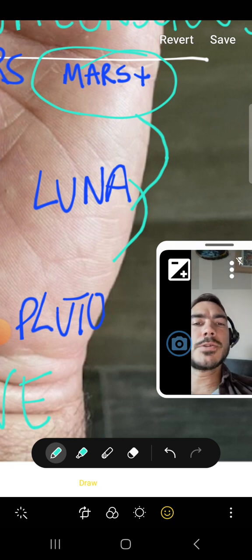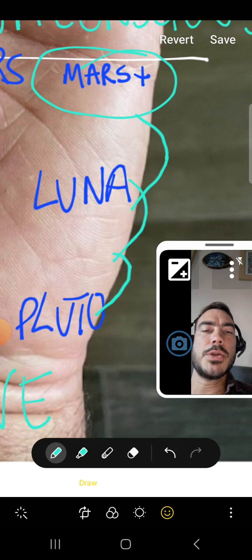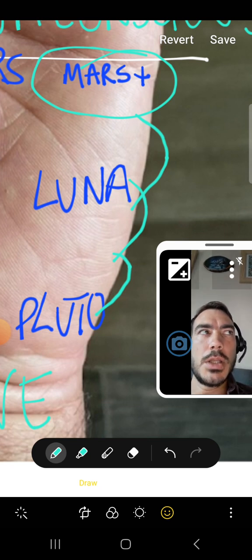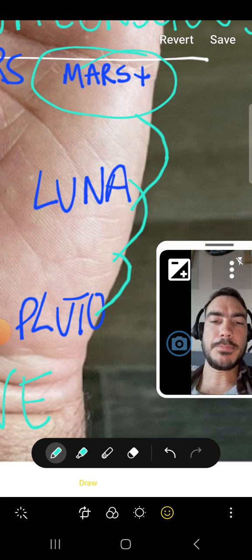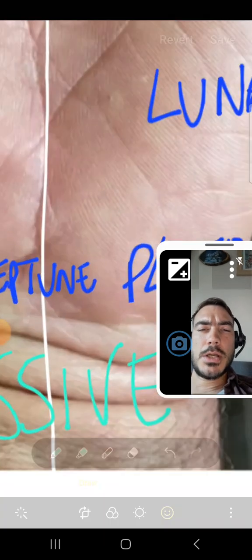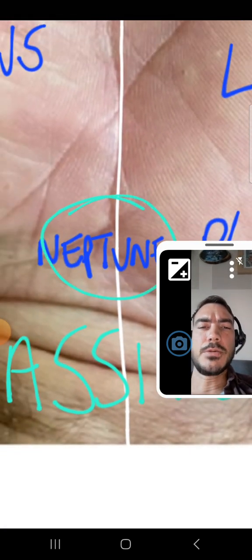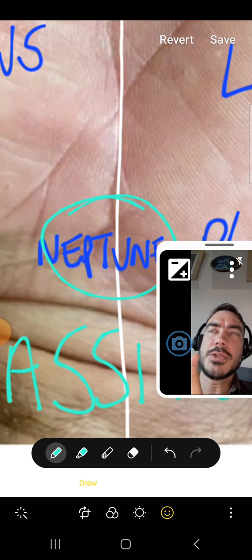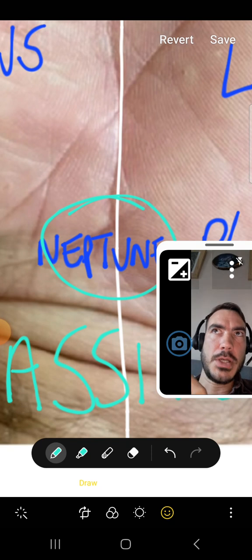And then someone with a pronounced lower section of lunar is someone who has access to the deeper memories that go beyond this life, so ancestral memories, or past life memories potentially. I have already mentioned a little bit about Neptune, but I didn't mention it's the place of hypnotism and enchanting.